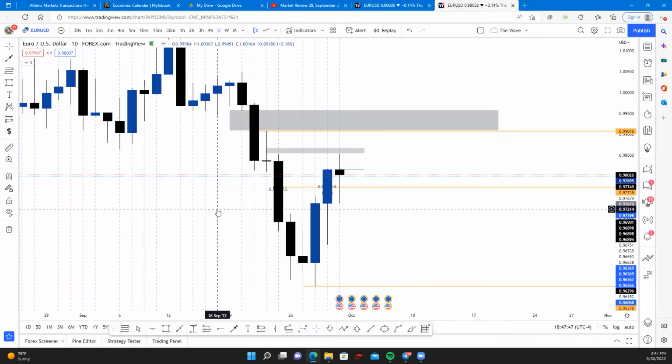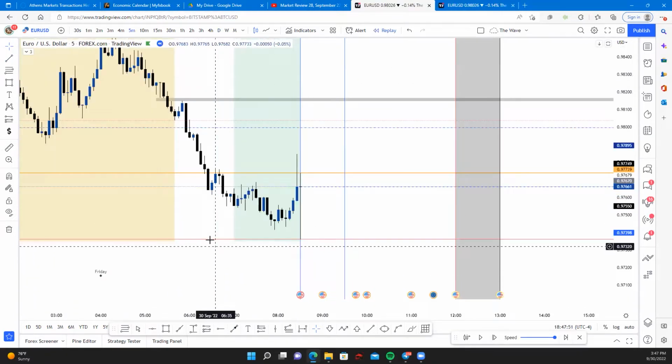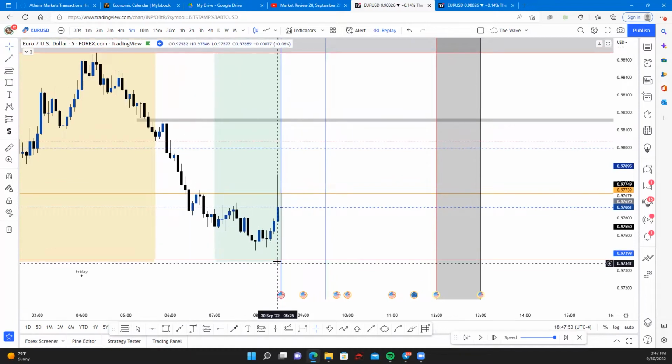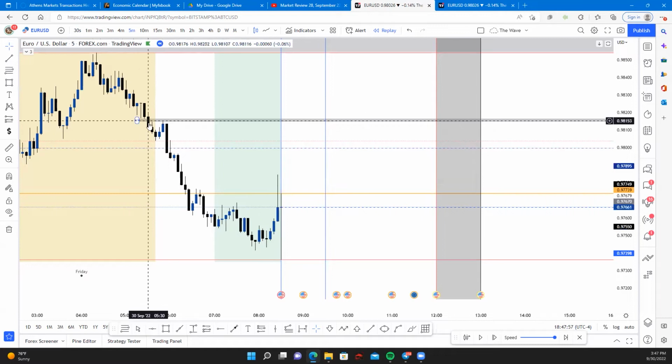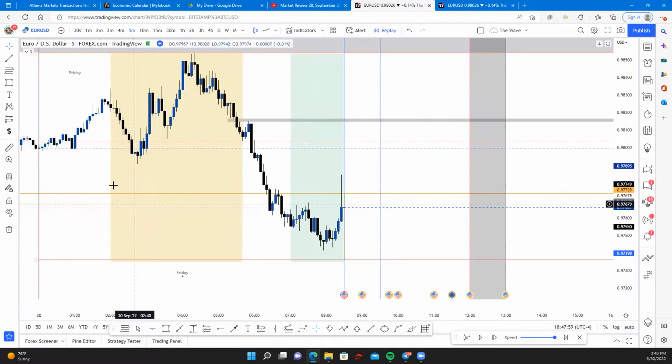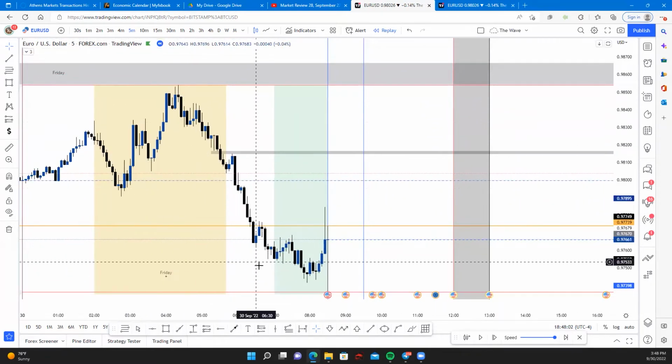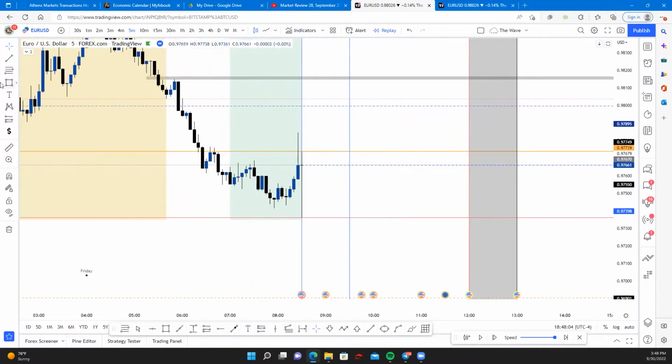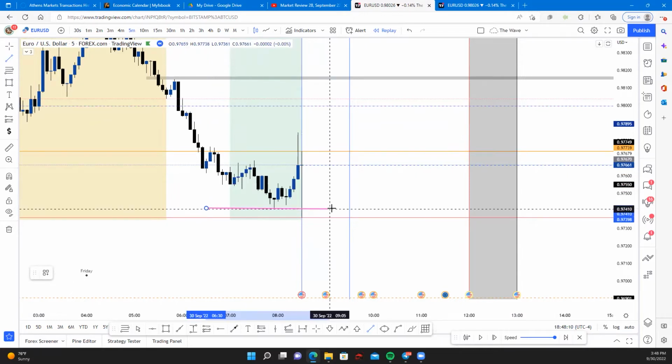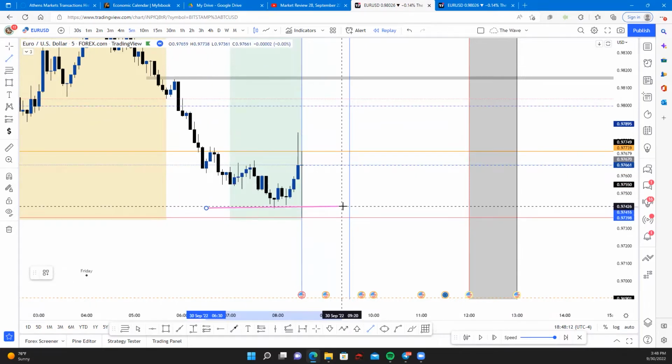So we drop down to the 5-minute today, this morning, New York session, just before 8:30 open. You see we're getting prices from London. We had a big run down. And just as the market opens, we have this sell side liquidity area here.